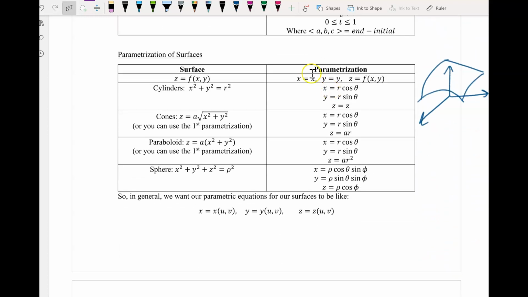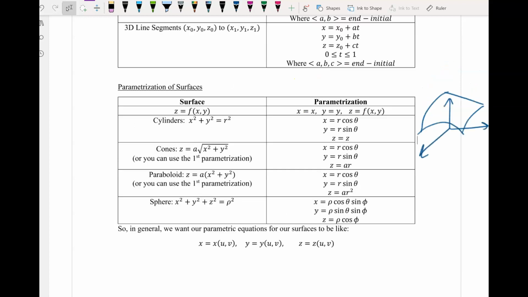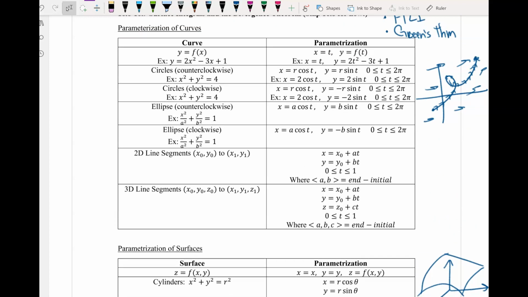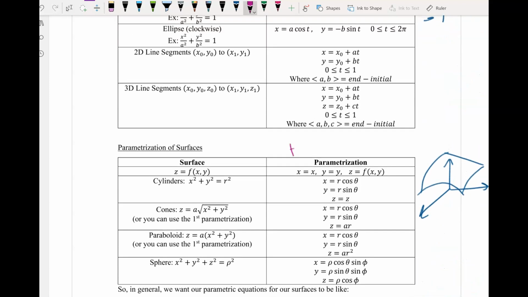Here we only had one parameter, and that one parameter was t. Here you're going to have two parameters, and those parameters can be x and y, or u and v, or theta and r, whatever variables you want.